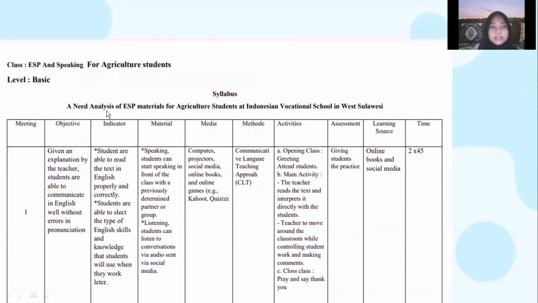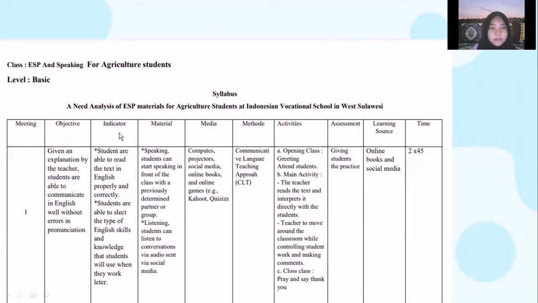Syllabus: a need analysis of ESP material for agriculture students at Indonesian Vocational School in West Sulawesi. Meeting 1. Objective: given an explanation by the teacher, students are able to communicate in English well without errors in pronunciation.